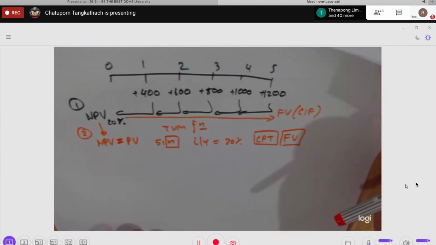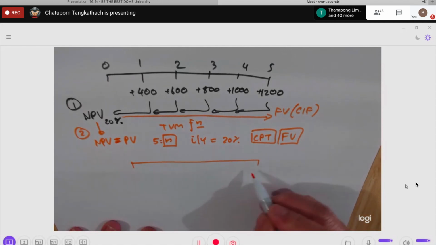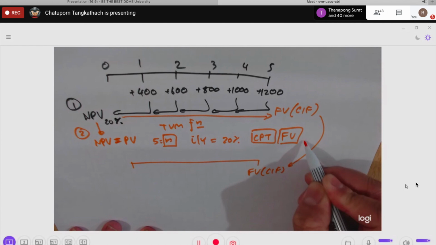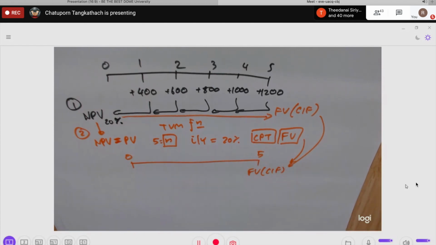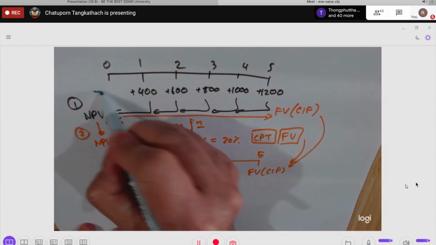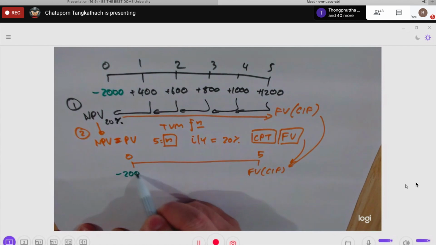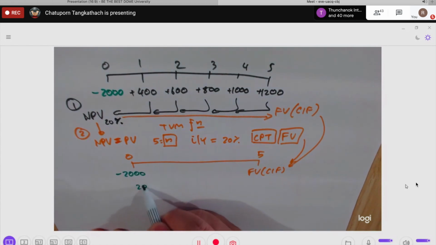After you have this process, you go on to the third step. You have the future value, the future value of the cash inflows that you have earlier. Now you bring back your initial investment, which equals 2,000, and put your 2,000 as present value.